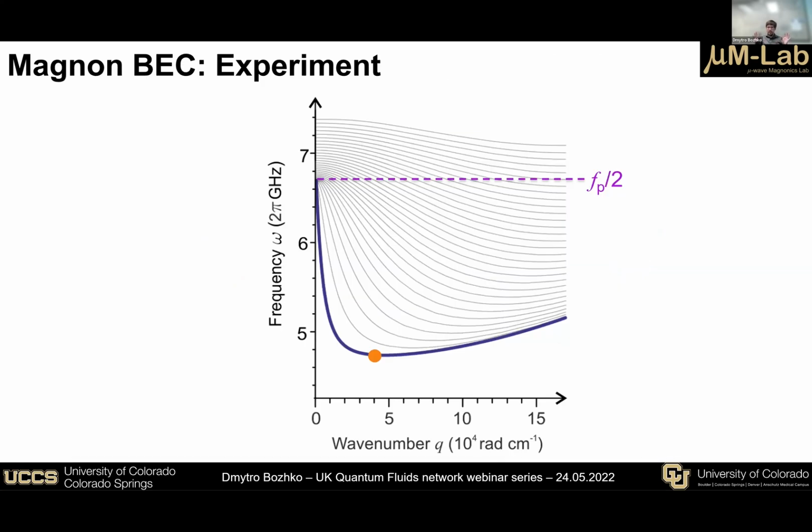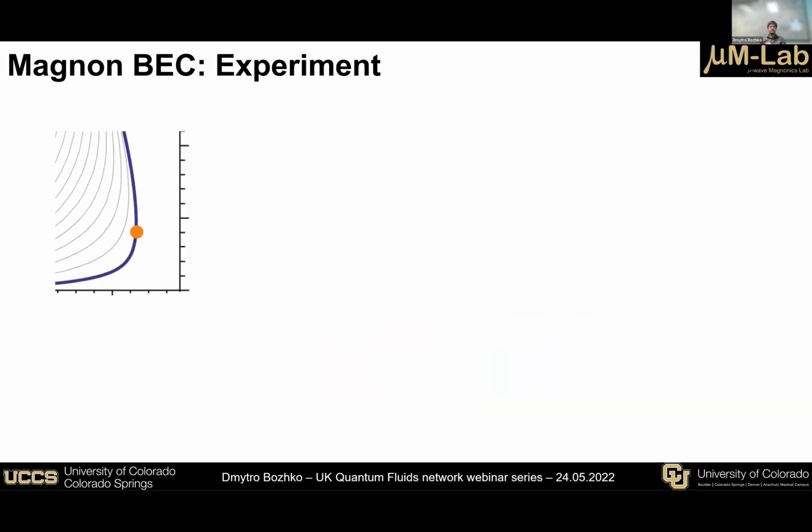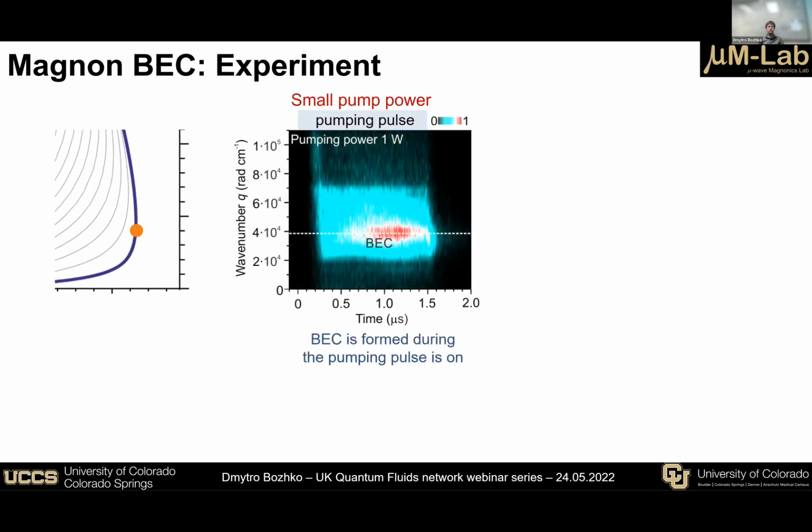Well, the experiment is done in wave-vector, time, frequency space, so in order to analyze it, we need to slice the data in the right ways. If we take the dispersion around the minimum and rotate it like that, because we don't have very good frequency resolution, let's integrate over the whole frequency range here.